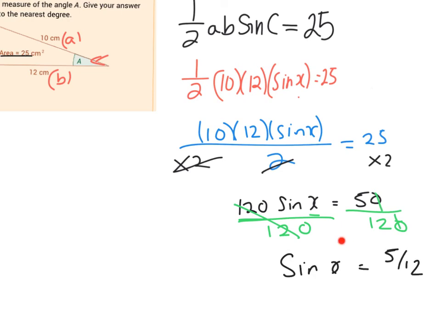And remember, I'm looking for X. I'm not looking for anything else. So I want to get rid of the sine. Okay, and the only way I can get rid of a sine is if I do sine to the minus 1, because that will actually cancel those two out. But remember, what I do to one side I must do to the other, so sine to the minus 1.